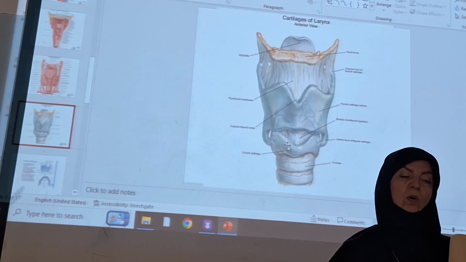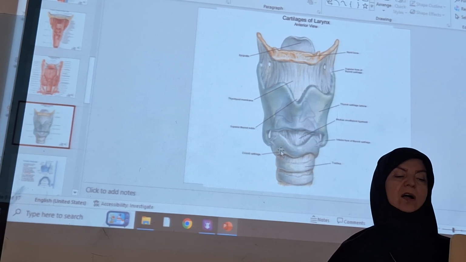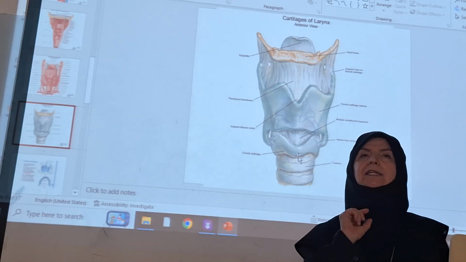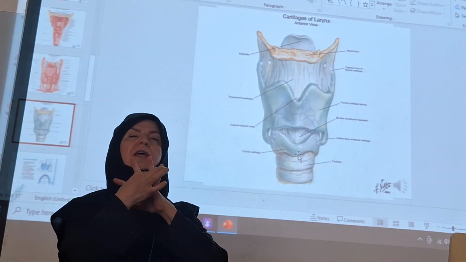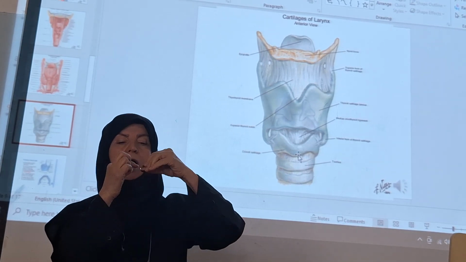The inferior horn is going to make a joint with this cartilage. What's the name of this cartilage? Cricoid cartilage. The cricoid cartilage is like a ring. When you look at a ring, the ring consists of a lamina and an arch.